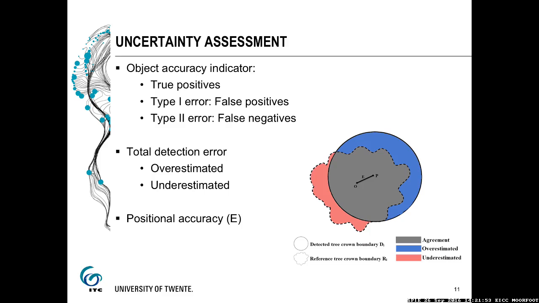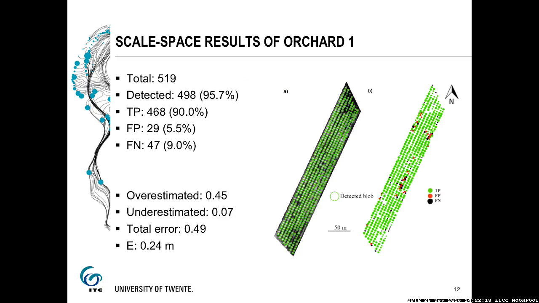As you can see, here is our blob from the scale space theory, and here is the tree crown boundary from the reference data. This gray area is acceptable in our criteria. Also, positional accuracy is the distance between the centers of each polygon.